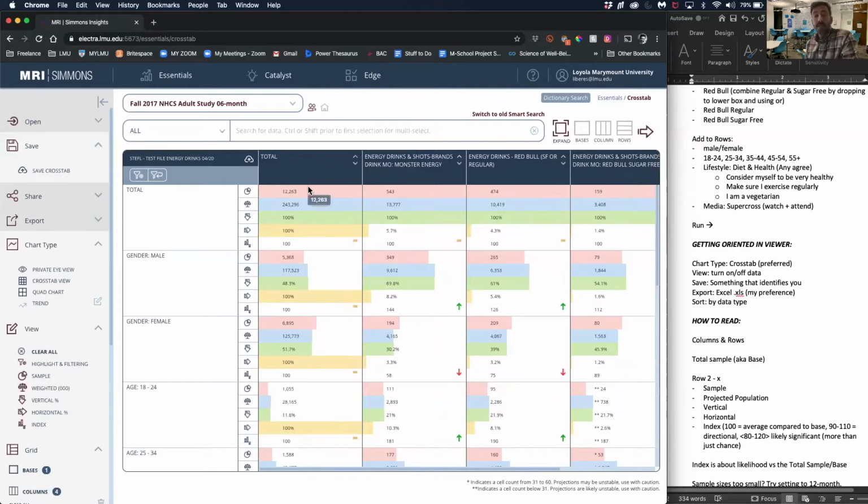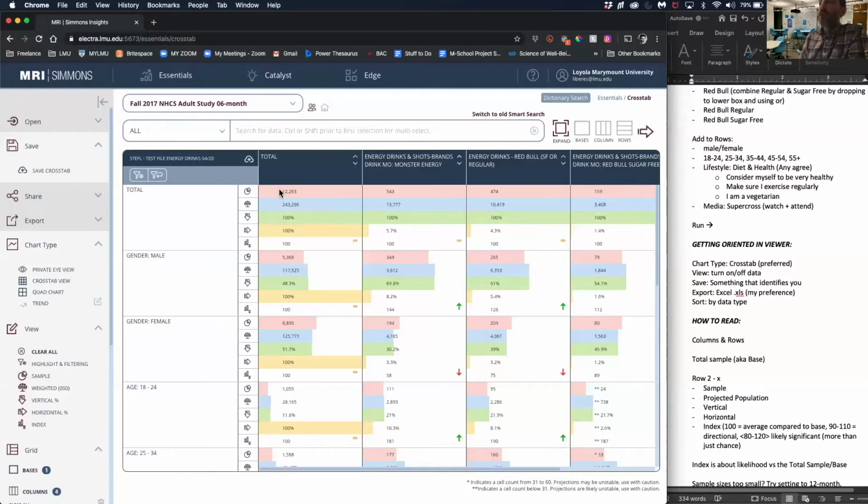This next variable here is what's called the projected population. Because Simmons used a probability sample, these 12,000 people represent the entire adult population of the United States. They are able to weight what these 12,000 people equal in the United States population in fall of 2017.